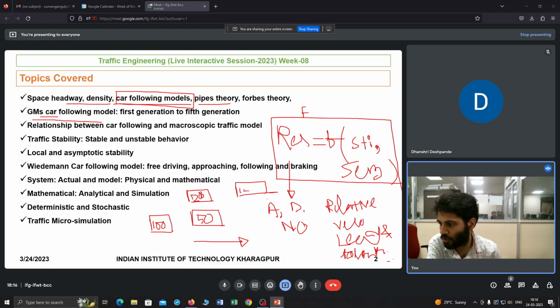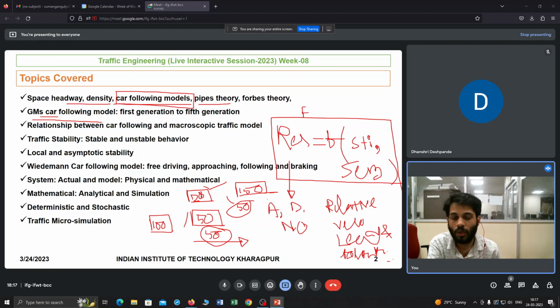In both scenarios, the relative velocity is 100 minus 50, which is 50, because it is going in the same direction, and here also it is 50. But both scenarios are different, because the traffic stream speeds are higher in this scenario, so there is more chance of collision than in the previous scenario.